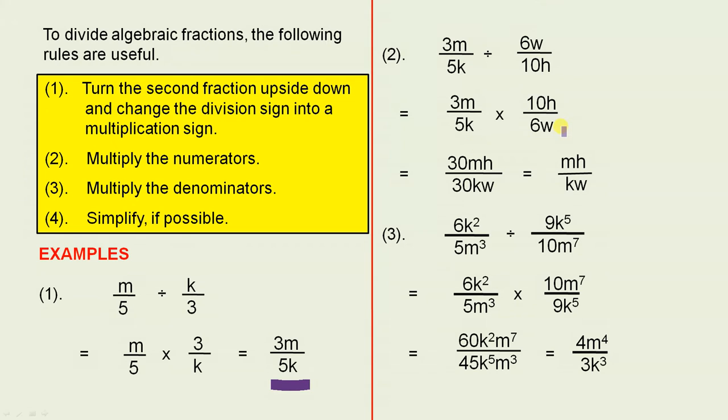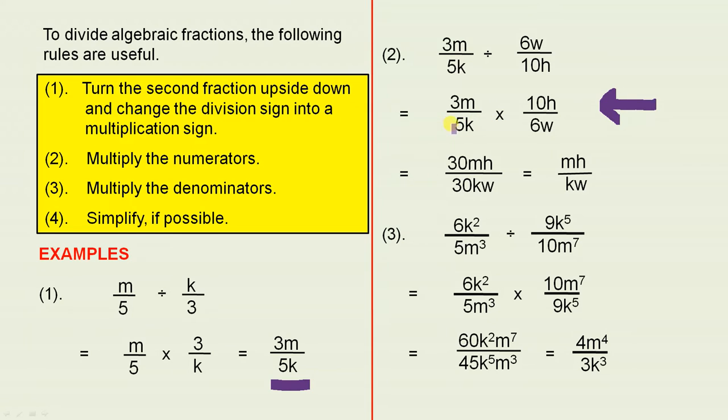Now, let me just go back to this line here very quickly. Notice we went 3m by 10h gives us 30mh, and 5k by 6w gives us 30kw. You might choose to cancel first.